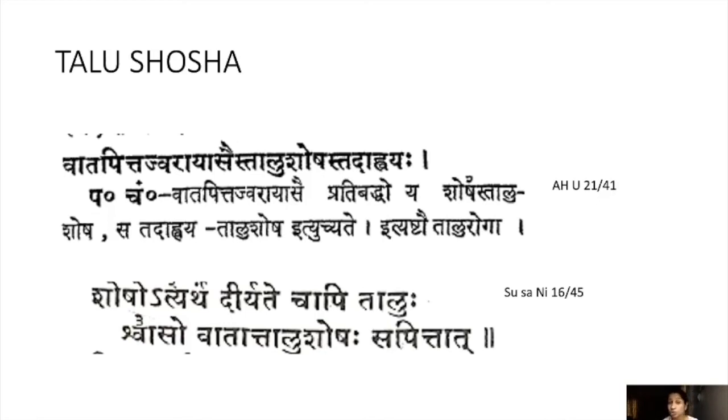Vada and Pitta is causing Talu Shosham. So Atyartham Shosha will be there in the Talu region, and because of that there will be Shwasam, difficulty in breathing, and it is caused by Vada and Pitta, and that disease is known as Talu Shosham.